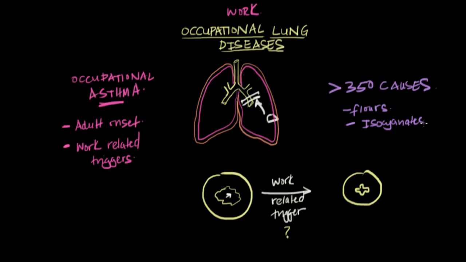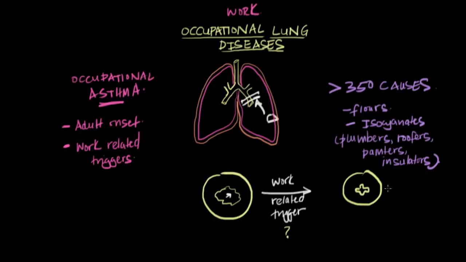Isocyanates are molecules that different industry workers, such as plumbers, those who work with roofing, painters, and also insulators, can become exposed to.